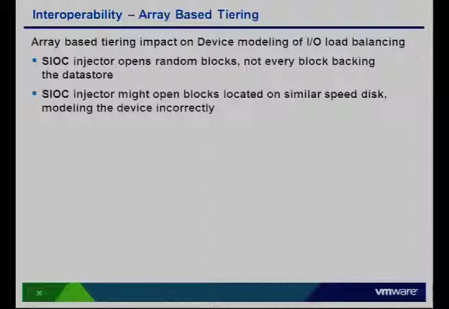It will start off with 2, then go to 4, then 8, 16, to 32 outstanding IOs, and it will look at the latency of those blocks. We only do that when the datastore is actually lowly utilized. The moment the datastore is hit with workload, the SIOC injector will back off, so it does not impact normal workloads.